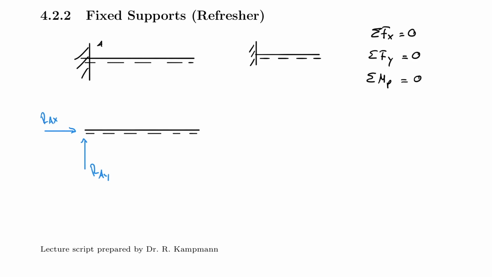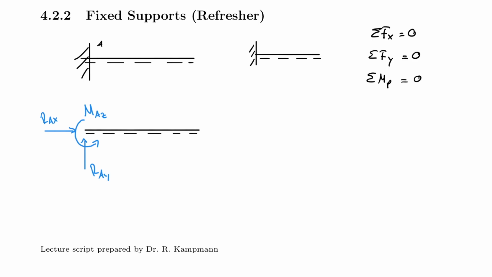But we also need this third condition to be true, which before we always solved by putting another support here. That was a simply supported beam. Now we cannot do that. We have a cantilever beam. So that means what this support has to offer is a rotational resistance, right? So we need something here, which we usually call M at A about the Z-axis.